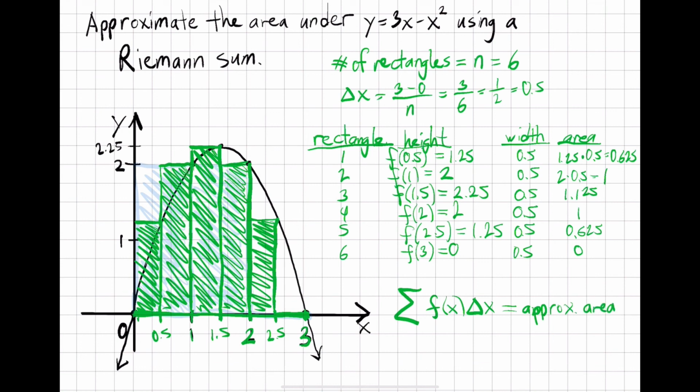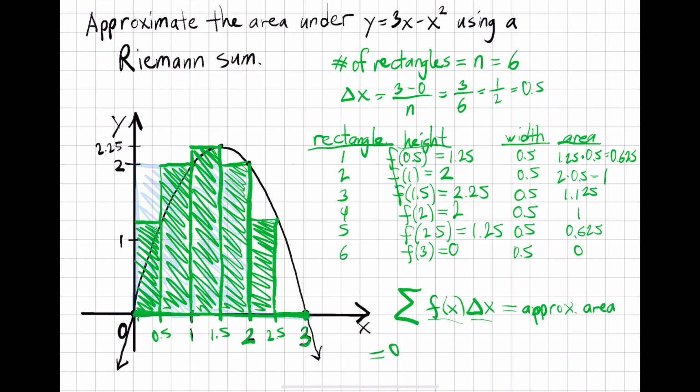Again, there's more notation here to make this more precise. I don't want to get into the precise notation here. I just want you to see the pattern. We're taking each height of each rectangle times the width of each rectangle. That's the y value of the function when you plug in the x, times the delta x, the change in x. And then this sigma means add those all up. We can add those up.